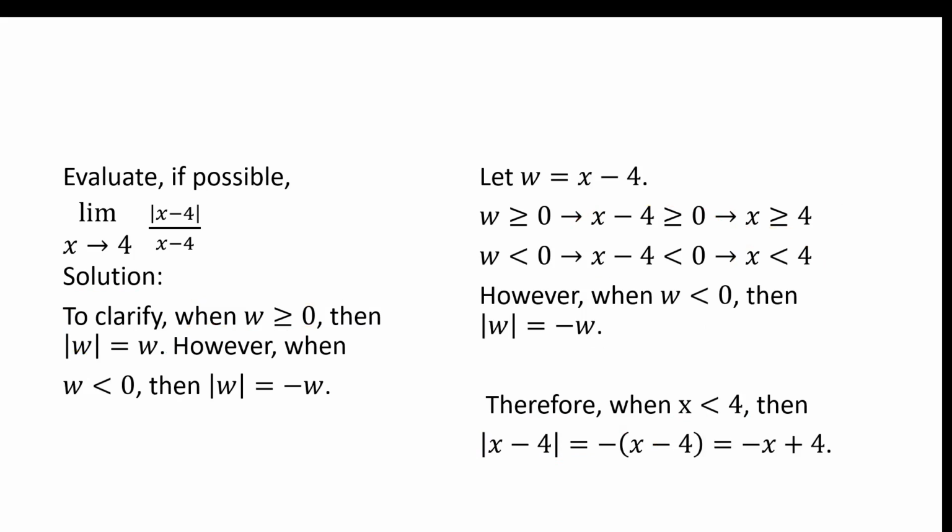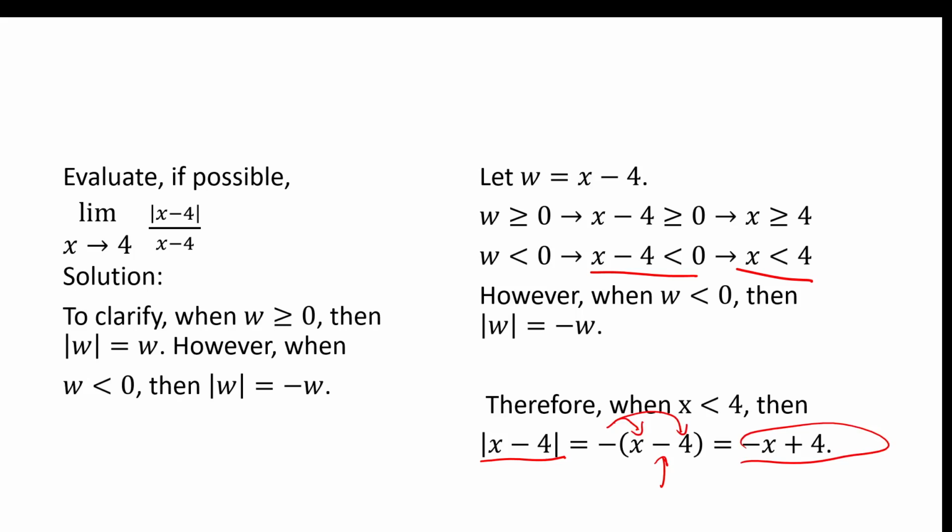However, when w is less than 0, then the absolute value of w equals negative w. So in other words, when x is less than 4, then x minus 4 is less than 0, which means the absolute value of x minus 4 is negative of x minus 4. Distributing that negative sign in, we get negative x plus 4.